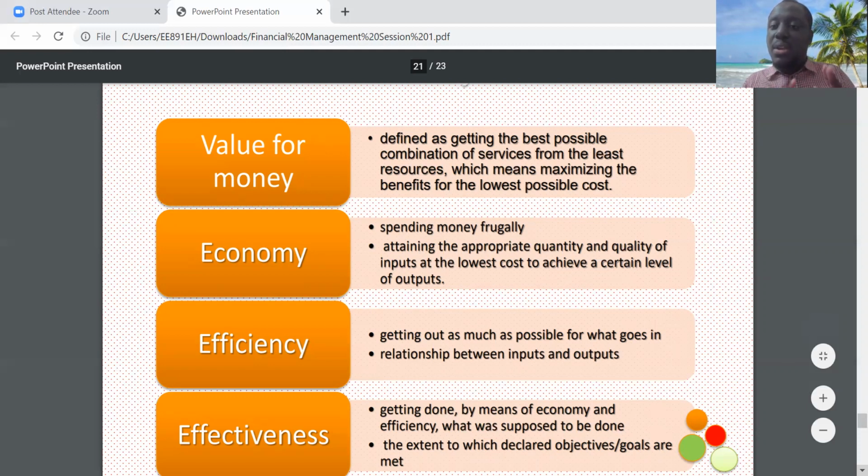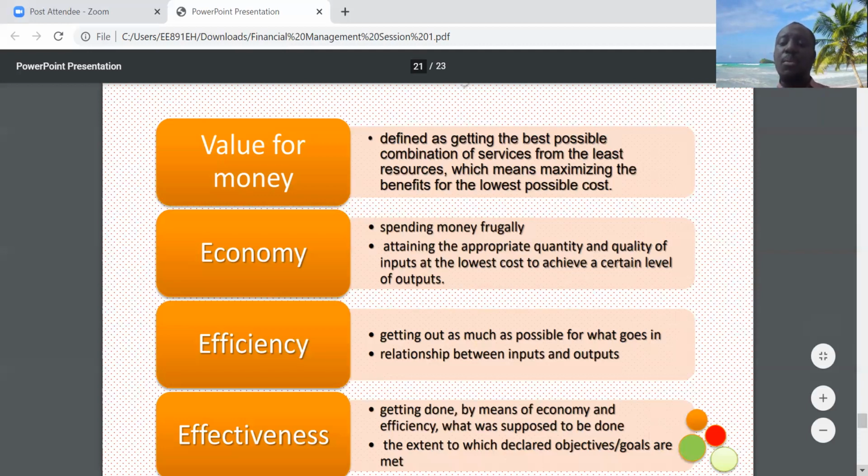Efficiency means that what you put in, you should be able to get out, getting out as much as possible for what goes in. Effectiveness is about achieving your output, your goals, your objectives. So basically, that is value for money.